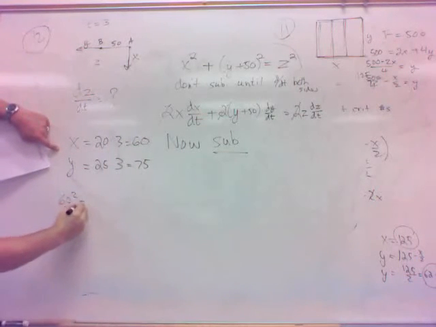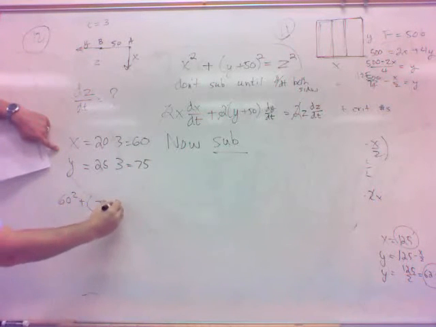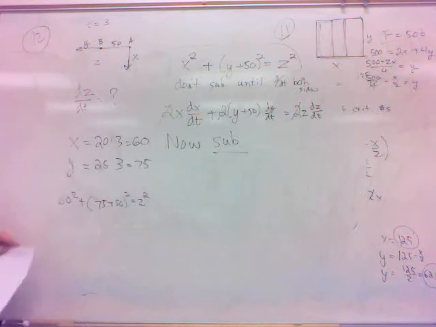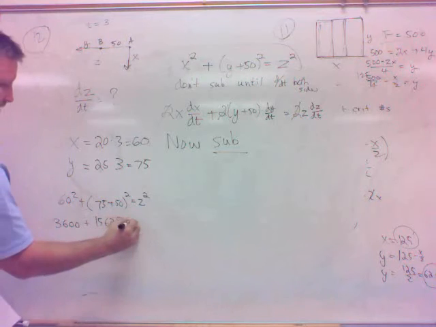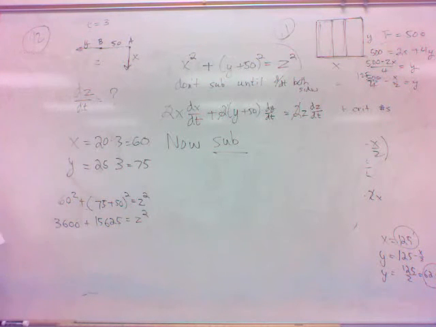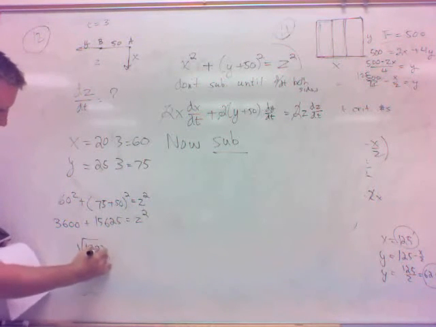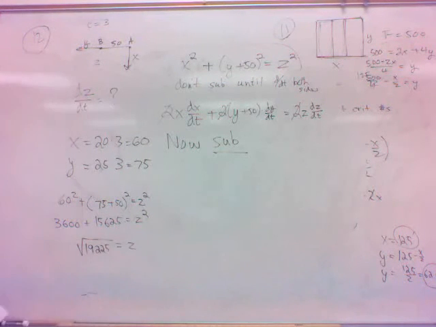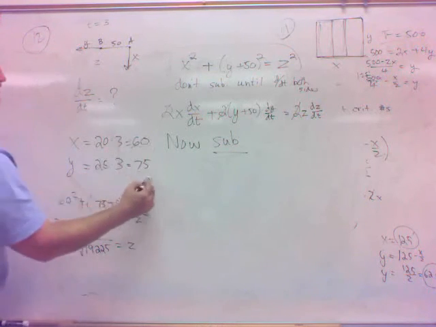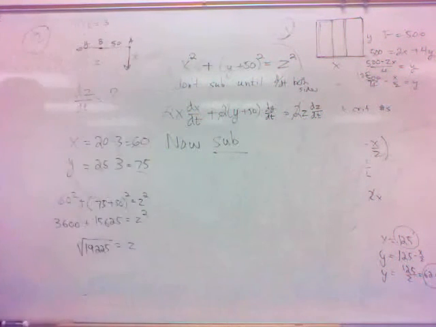So what's 60 squared plus 75 plus 50, that is 125 squared? 1565. Substitute those for x, y, and z.